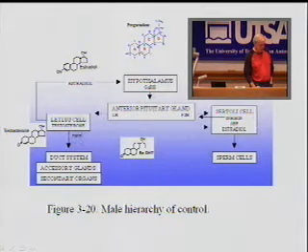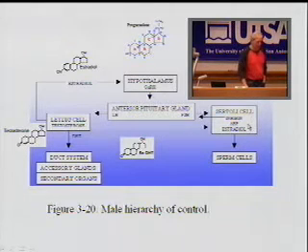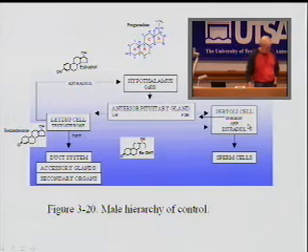Testosterone can be converted to DHT, which also contributes directly to the development of sperm cells. But the testosterone can diffuse into the Sertoli cell and is held there by the androgen binding protein.